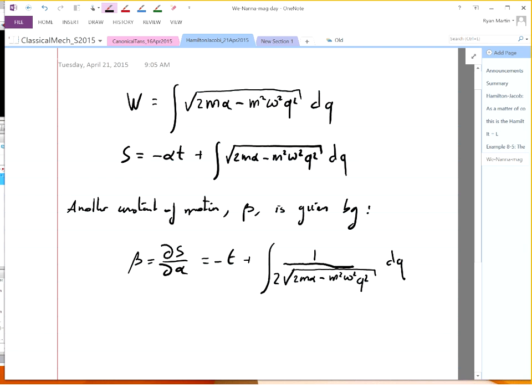But now it's d by d alpha of that square root, so I have to do a chain rule. I have to take the derivative of the inside of the square root with respect to alpha, and that is 2m. So that's where I think there's a mistake in the notes. I forgot to put the 2 in the denominator, because when you take the derivative of the square root, you have a half over the square root, right? So I believe that 2 should actually cancel.